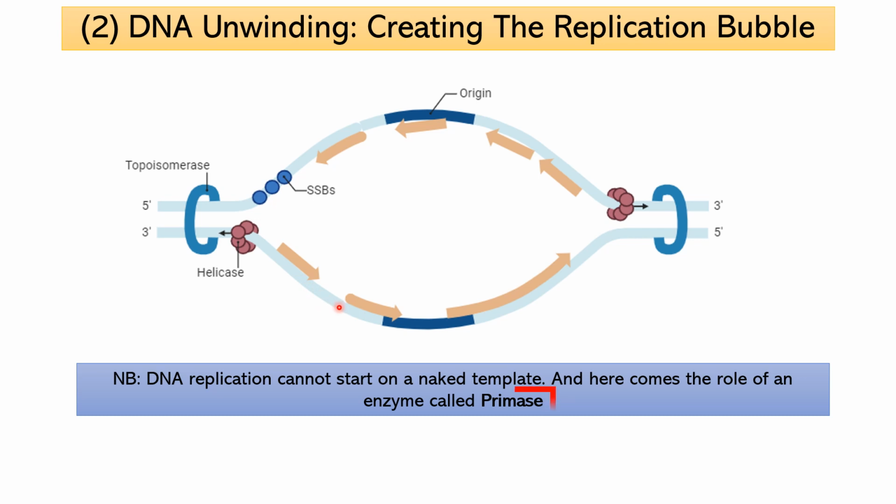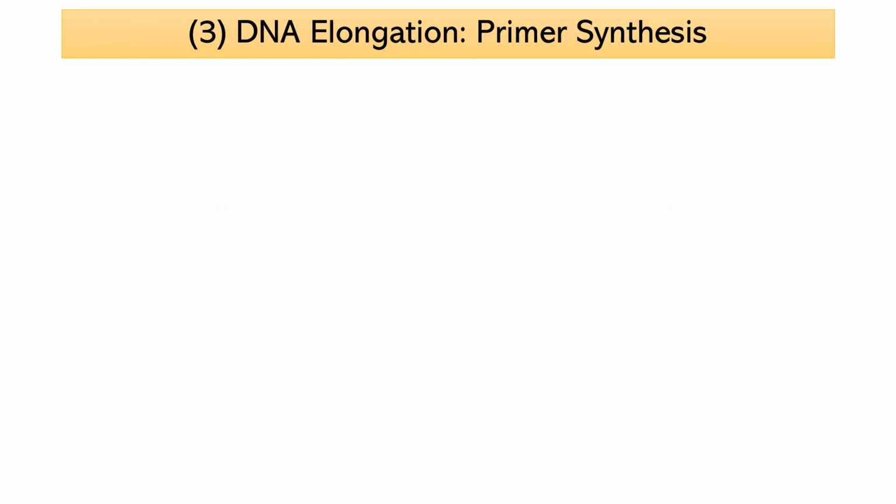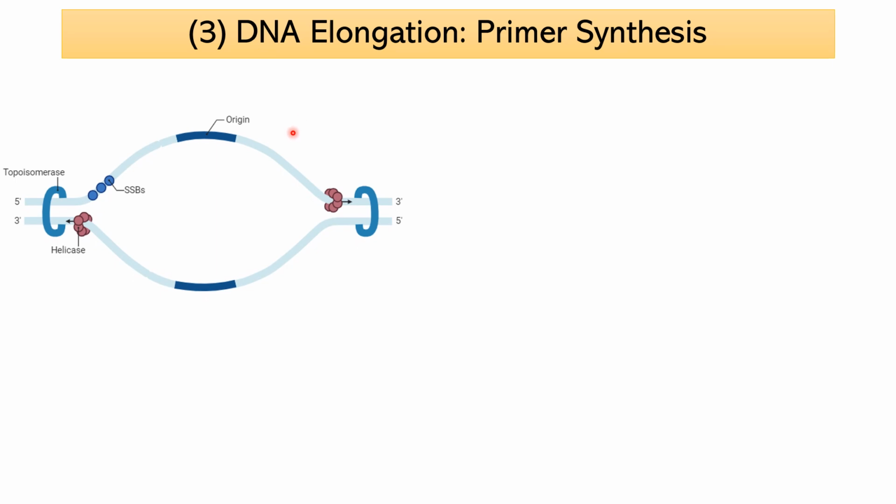And therefore comes the importance of an enzyme called primase. So what is primase? Primase allows DNA replication to enter the 3rd stage, which is the DNA elongation stage, the stage where we start synthesizing the new strand. So how is that, and how does primase play a role in that?